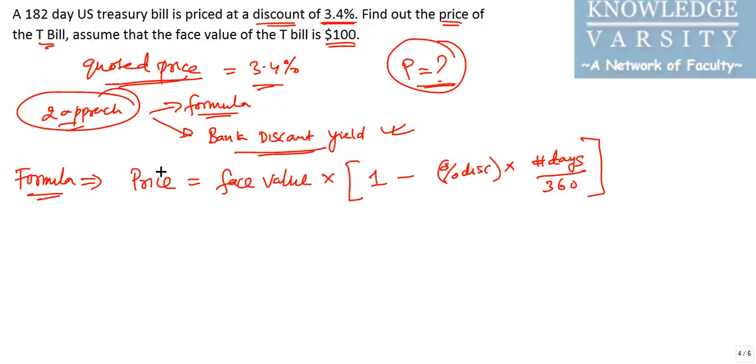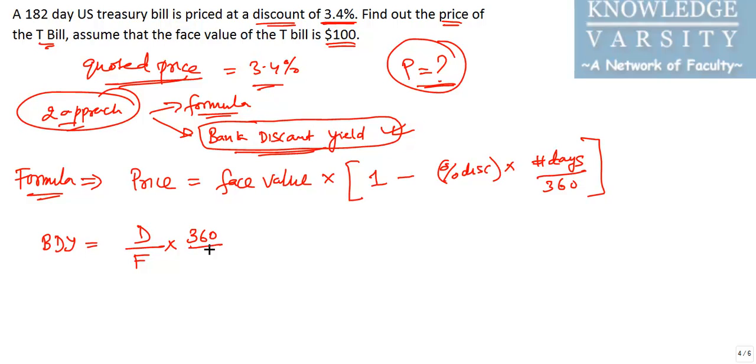However, please note that this formula has come from the approach of bank discount yield, which I highly recommend. The bank discount yield is given as the discount of the treasury bill divided by the face value of the treasury bill into 360 divided by the number of days.